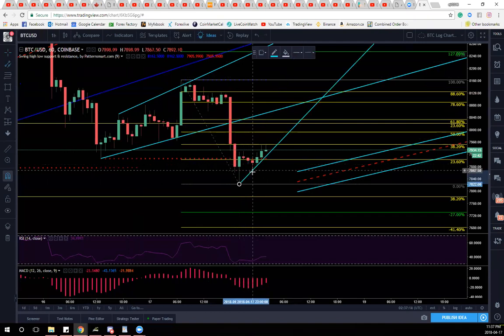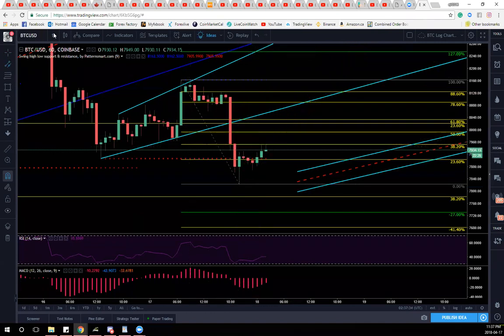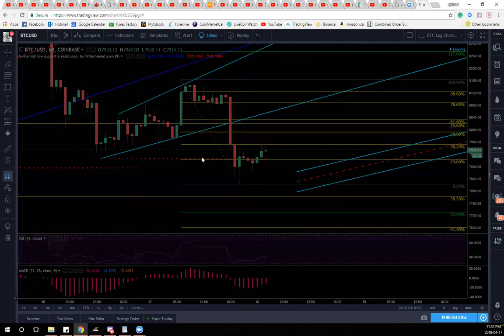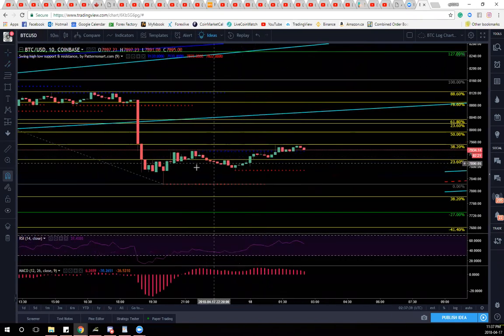This is not an anchor point right now because it still hasn't formed a pivot or even an anchor point. So unless I can drop it to a 10-minute, there I can draw a flag.